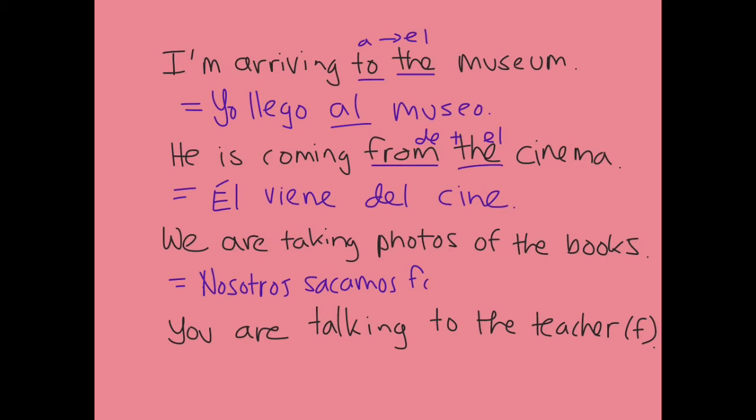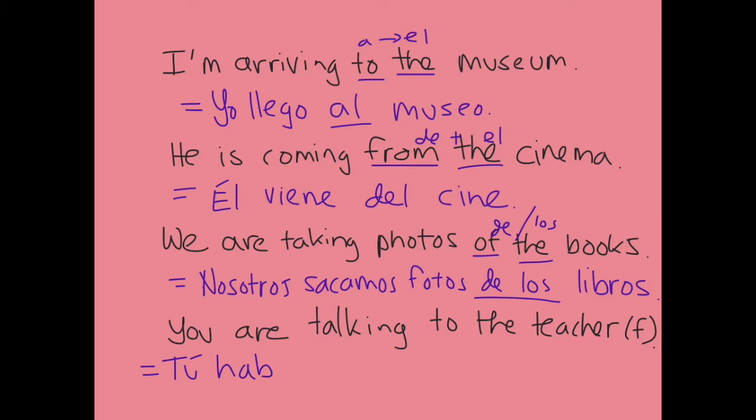Now, nosotros sacamos fotos of the books. De los, because it's going to be libros. These two do not combine, so we leave them separate. De los libros. If de is not next to el, there is no contraction. Then you are talking to the teacher, being feminine in this case.